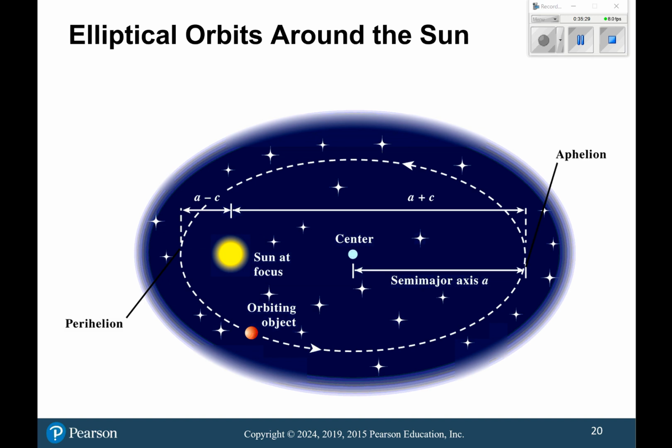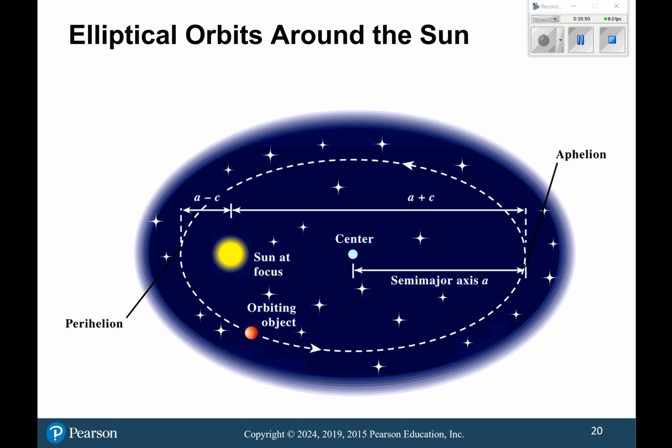Now again, not an accurate picture here at all. This is really emphasizing the fact that the sun is at one focal point. The orbiting object, such as, say, Earth, comes closer to the sun at certain points in the year, and it's further away at other points.